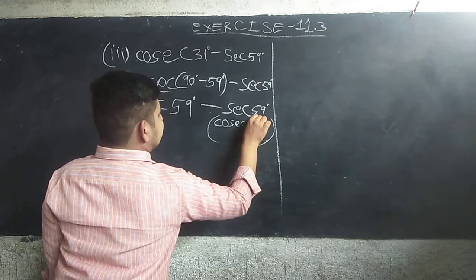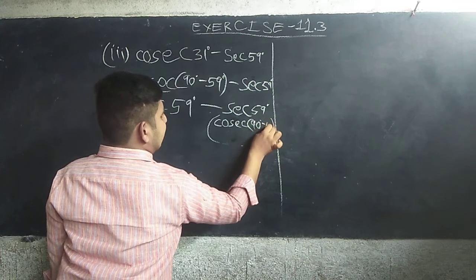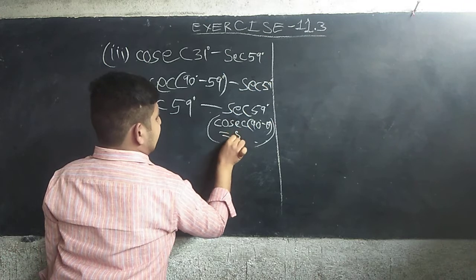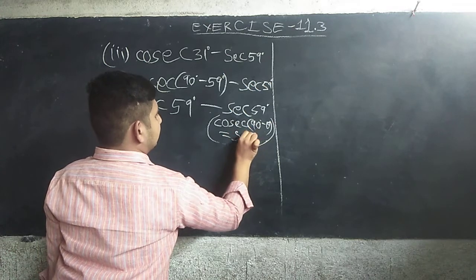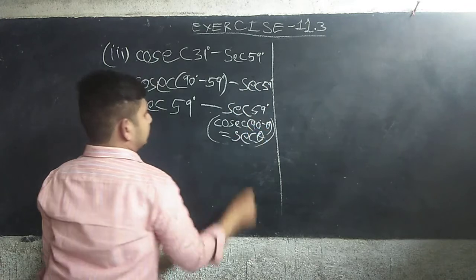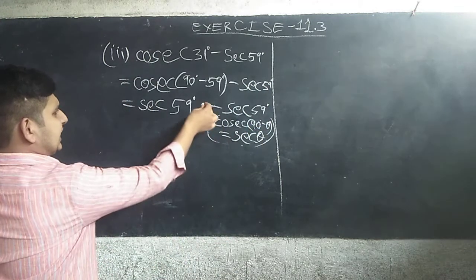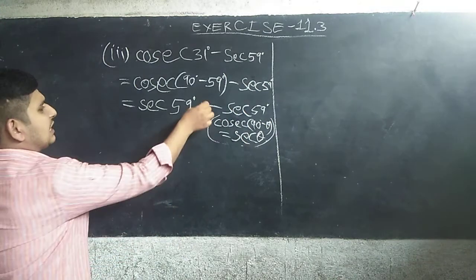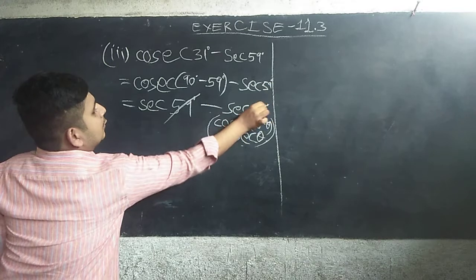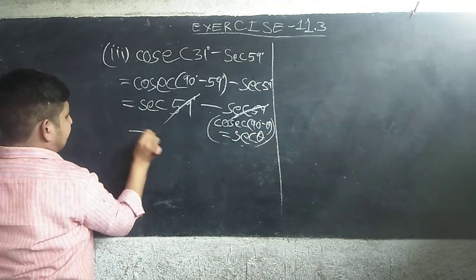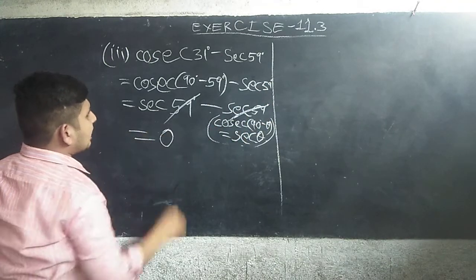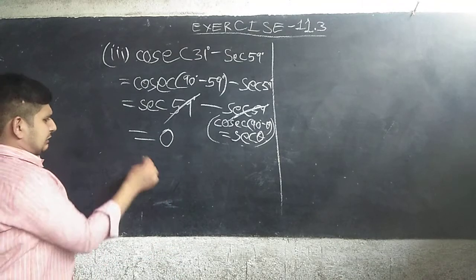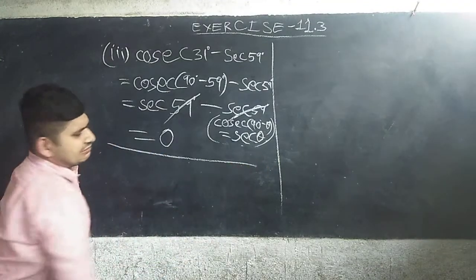So sec 59 degrees and sec 59 degrees are equal with the opposite sign, so they get cancelled. Sec 59 minus sec 59 equals 0. Therefore cosec 31 degrees minus sec 59 degrees equal to 0. That is the conclusion we have to write.